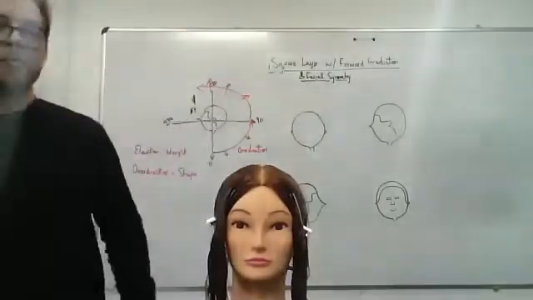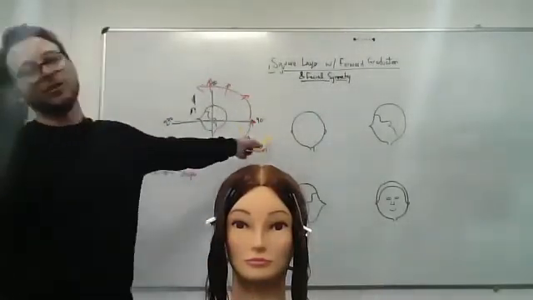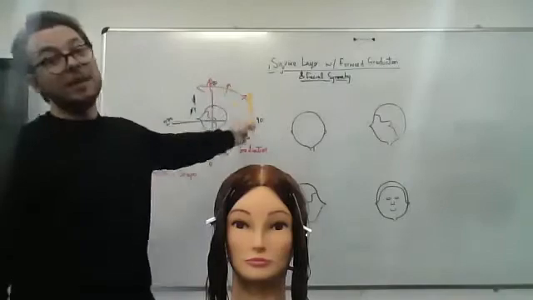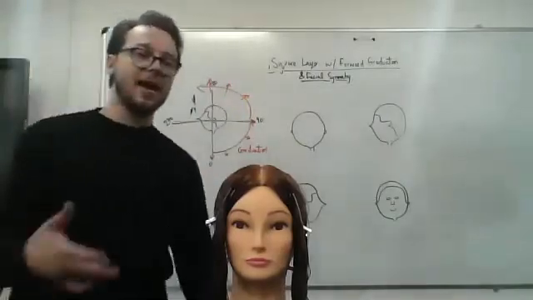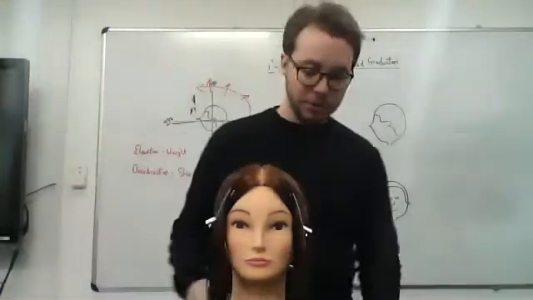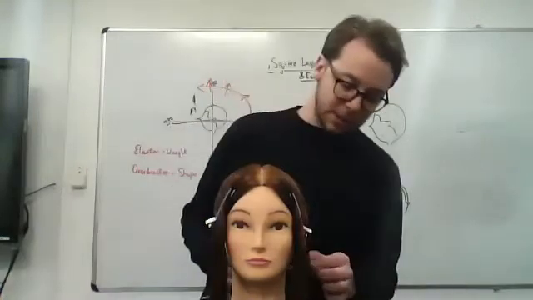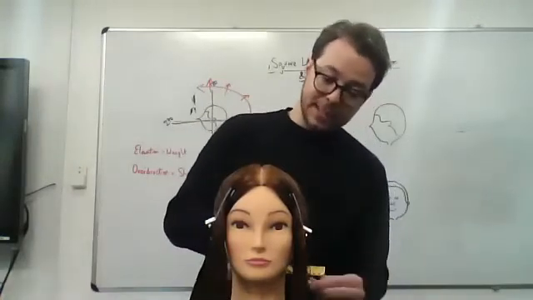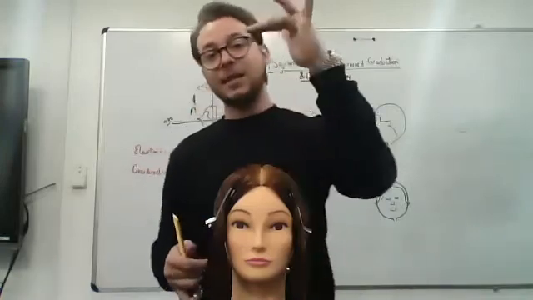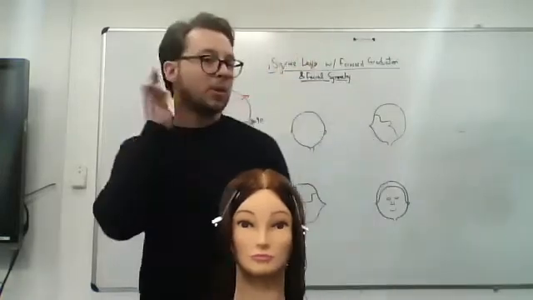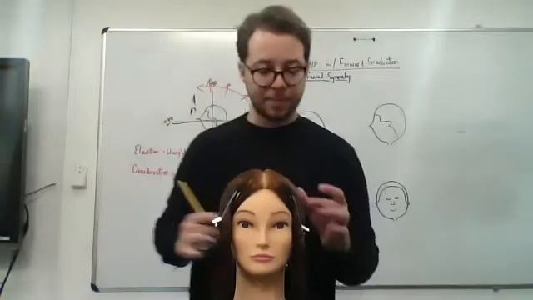So we know it's layering because I'm lifting it above 90 degrees, okay? I'm actually lifting it to 180 degrees. So it's quite a light little layer. It's quite a soft layer that we can use on somebody. If somebody wants quite a delicate, soft layer and not much layering, this is quite a nice technique to use because it doesn't take all the bulk away from the back behind the ears, okay?